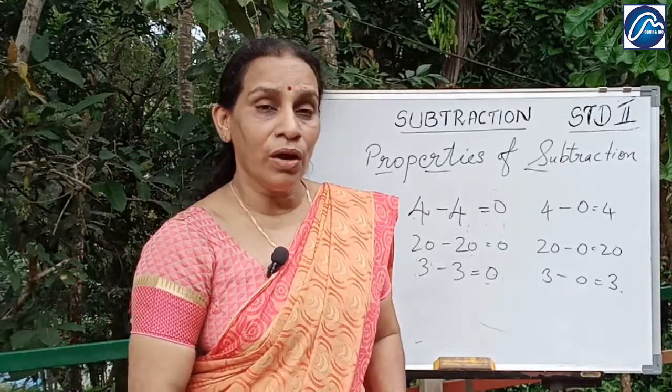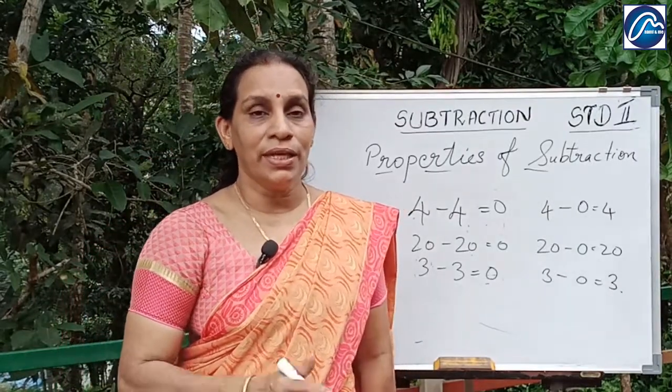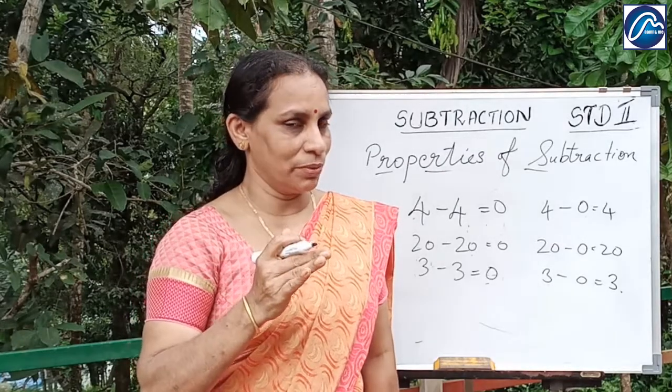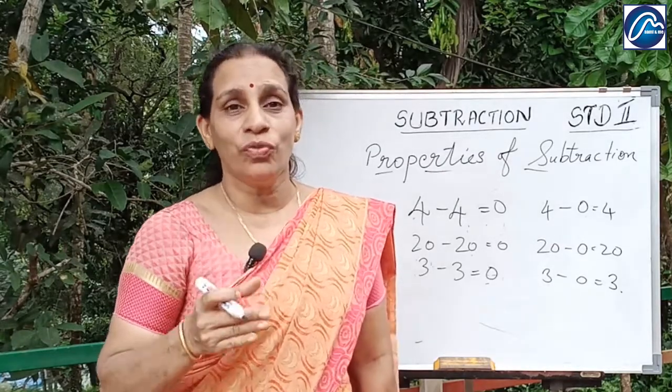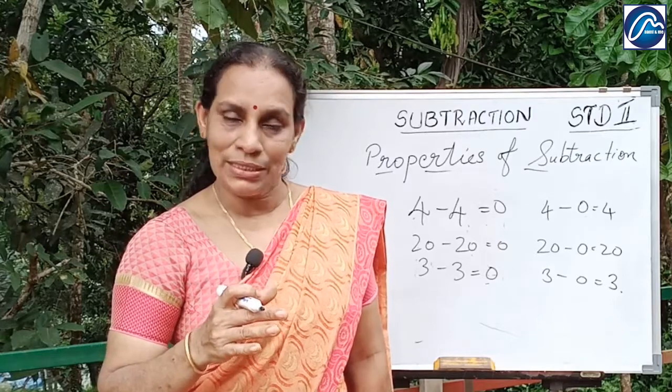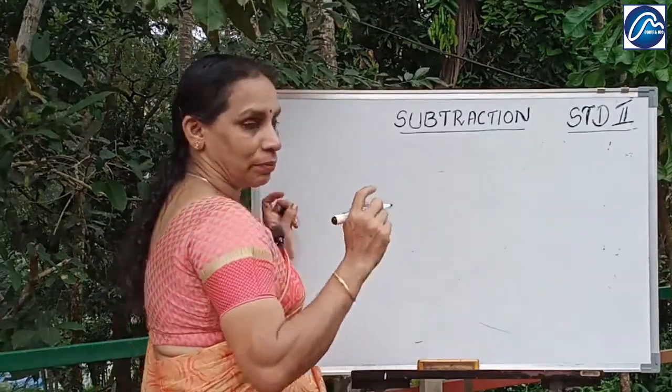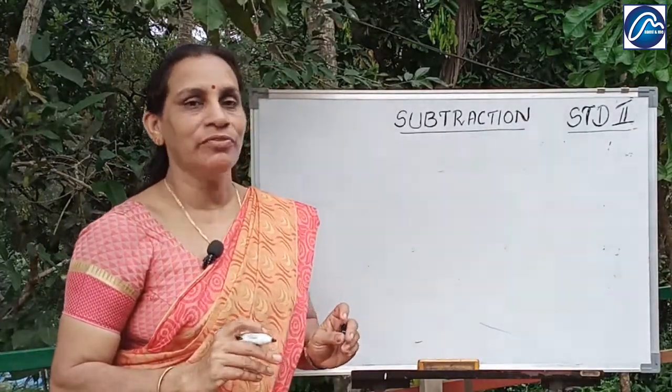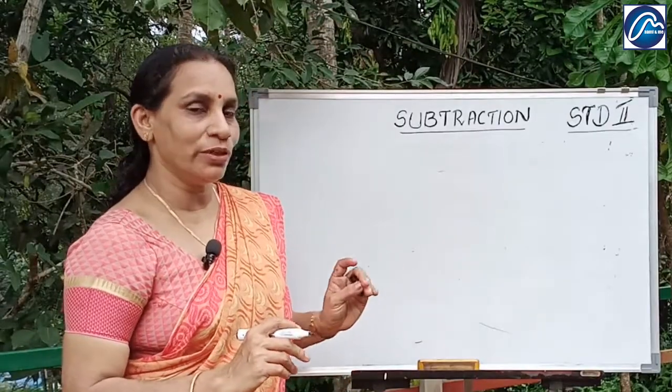Okay. Now we can subtract a 1 digit from a 2 digit number. Subtracting a single digit from a 2 digit number. I am writing a 2 digit number.